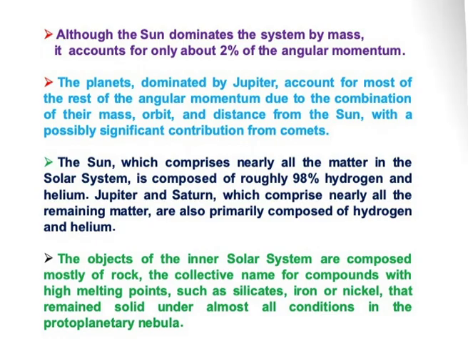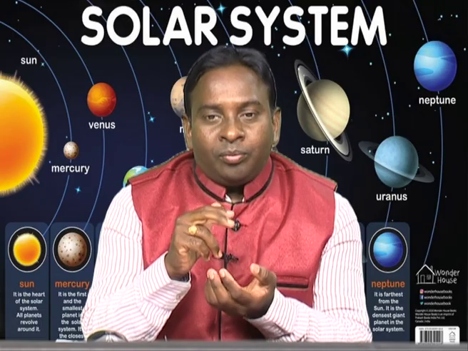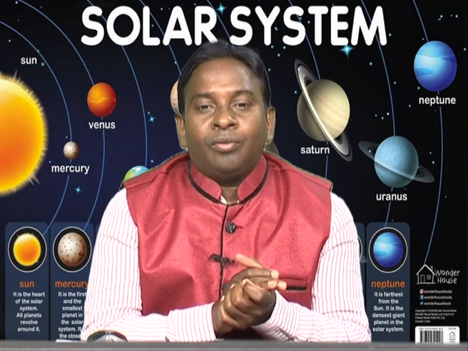The planets, dominated by Jupiter, account for most of the rest of the angular momentum, due to the combination of their mass, orbit and distance from the sun. And sometimes there is a significant contribution from the comets.